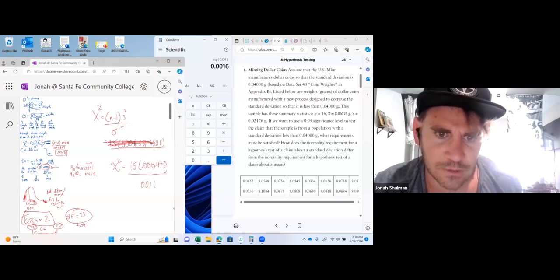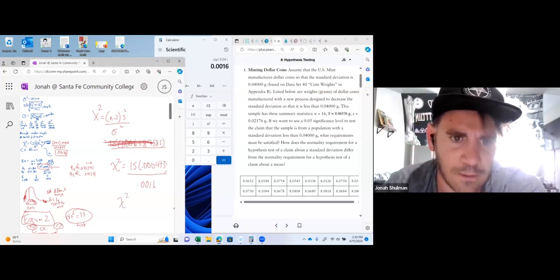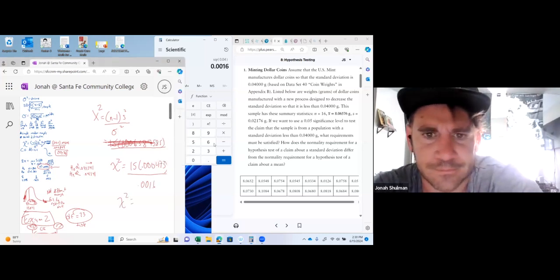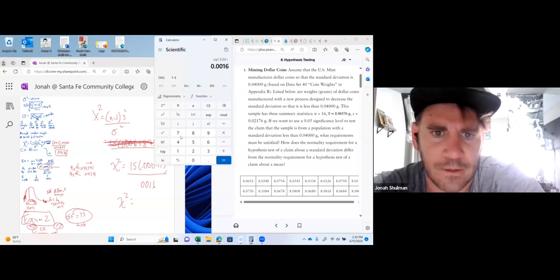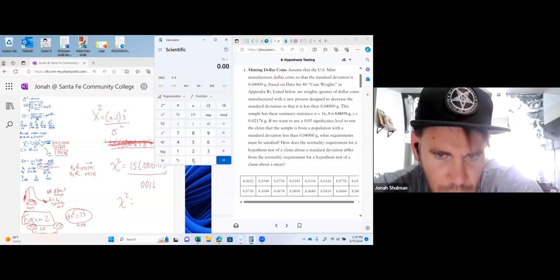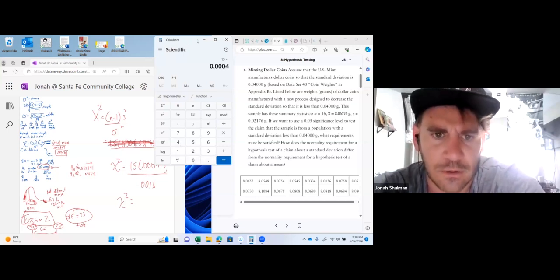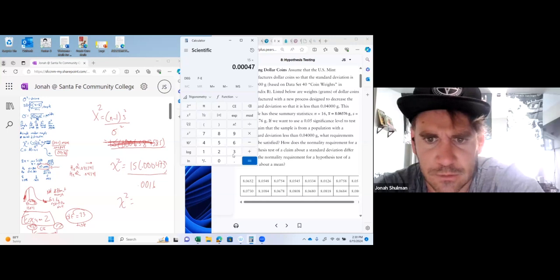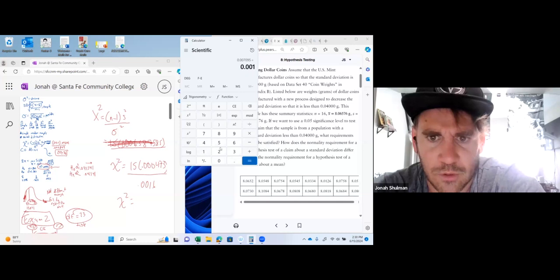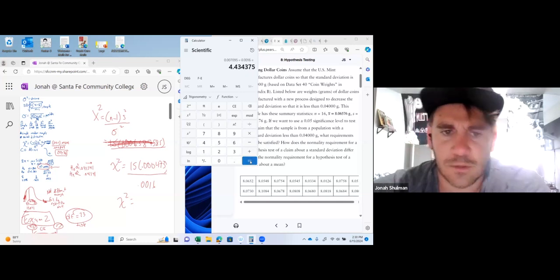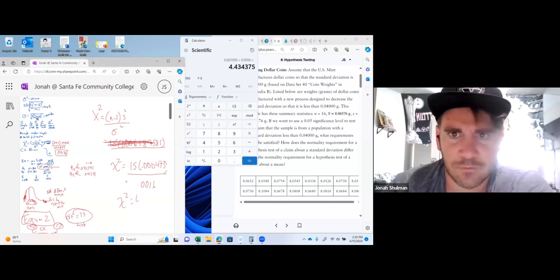I believe this is going to be our test statistic. So we're going to do 15 times 0.0000473, and divide that by 0.0016. I believe my chi-squared value is going to be 4.34.